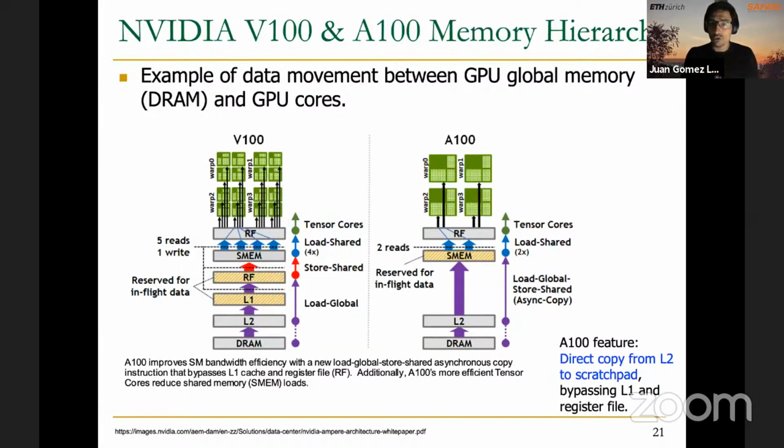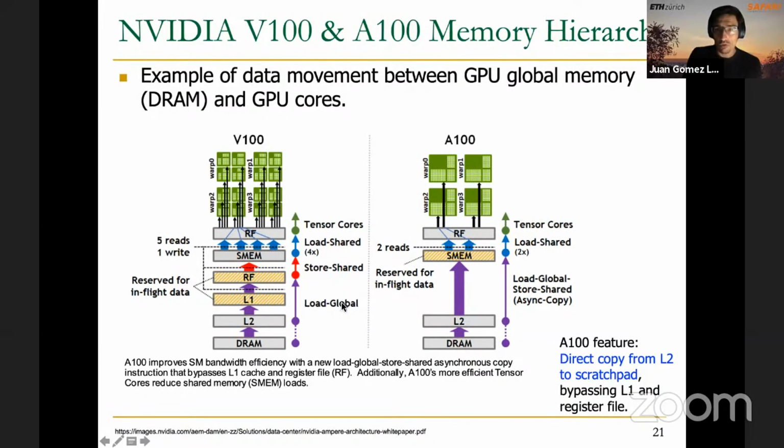And if we want to do this operation, what we essentially need is one instruction, a load from global memory, to bring data from global memory. We will temporarily store this data in registers, and then we need another instruction, in this case, a write to shared memory, to move the data from the register to the shared memory. And that's essentially what you can see here.